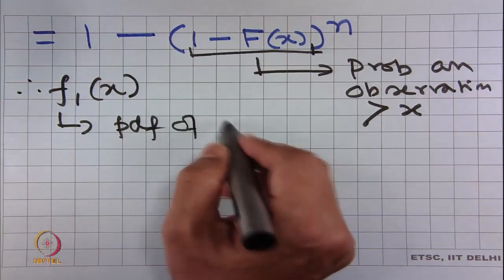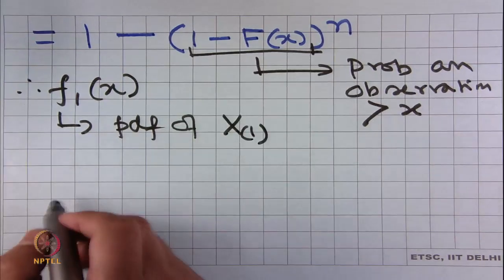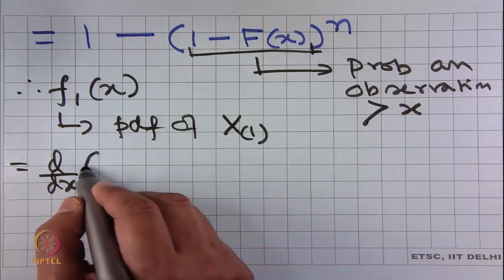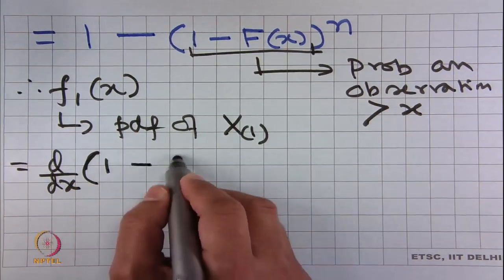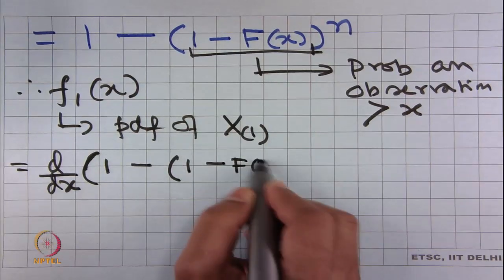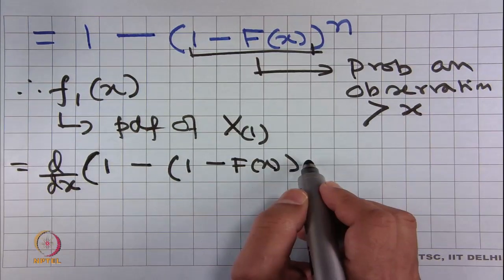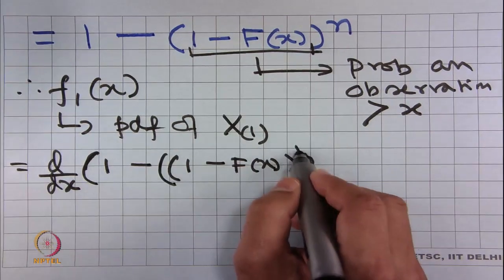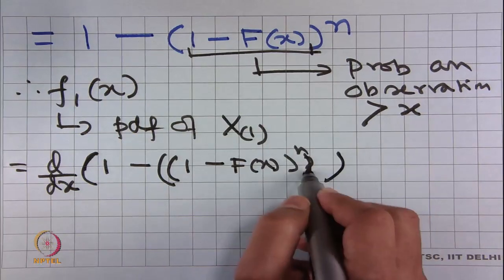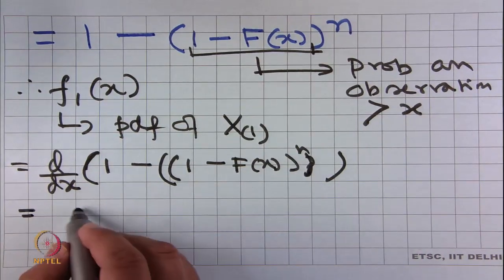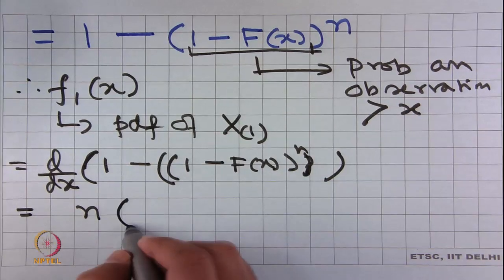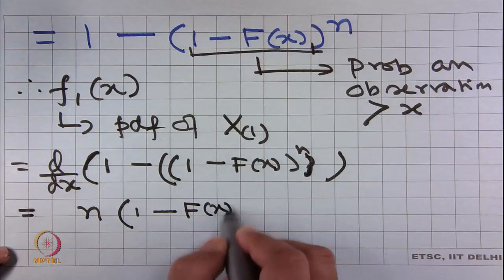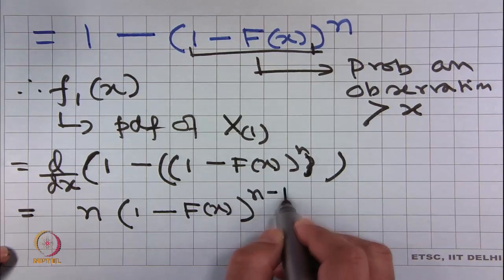Therefore, what is f 1 x? The PDF of x 1 is equal to d dx of 1 minus F x whole to the power n, which is equal to n into 1 minus F x whole to the power n minus 1.